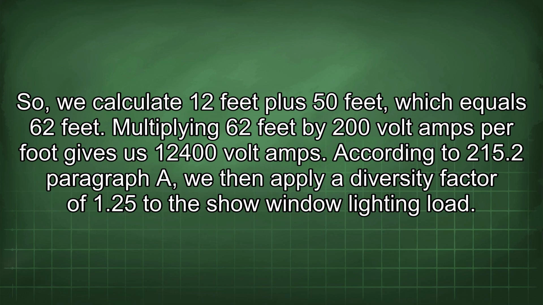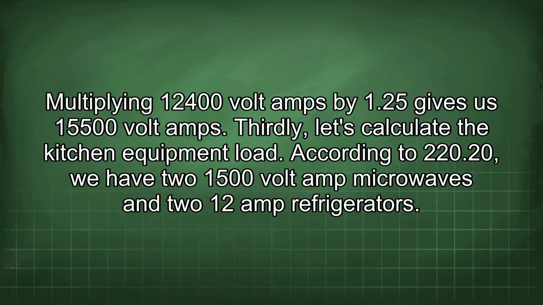According to 215.2 paragraph A, we then apply a diversity factor of 1.25 to the show window lighting load. Multiplying 12,400 volt-amps by 1.25 gives us 15,500 volt-amps. Thirdly, let's calculate the kitchen equipment load. According to 220.20, we have two 1500 volt-amp microwaves and two 12-amp refrigerators.